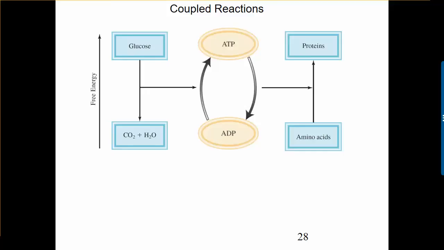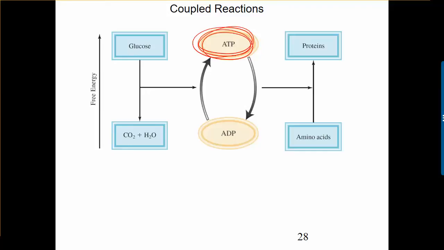Then those hydrogens and oxygens come together and form water, and the phosphates get slapped onto the ADPs, and you produce ATP. Okay, that's a simple process, right?